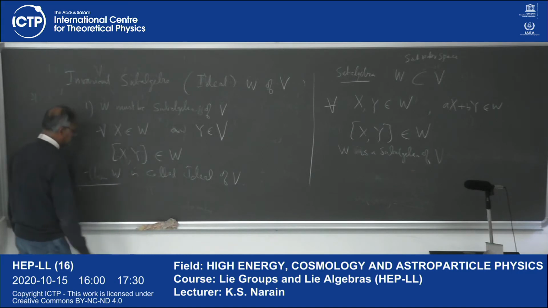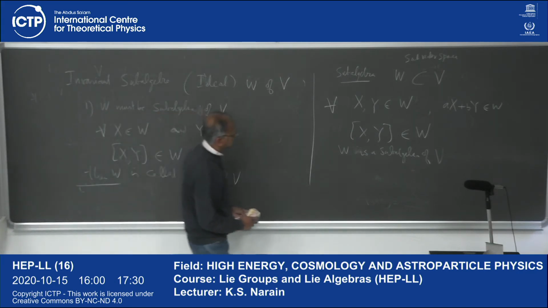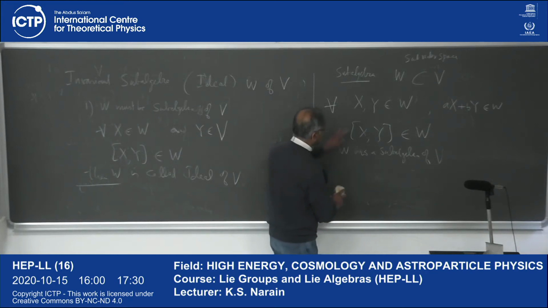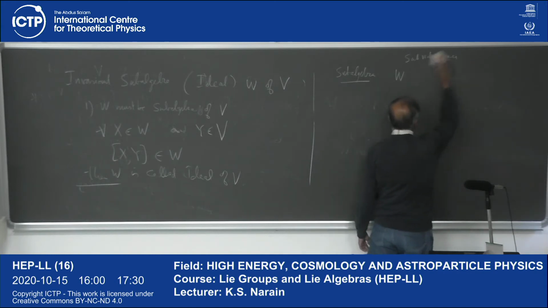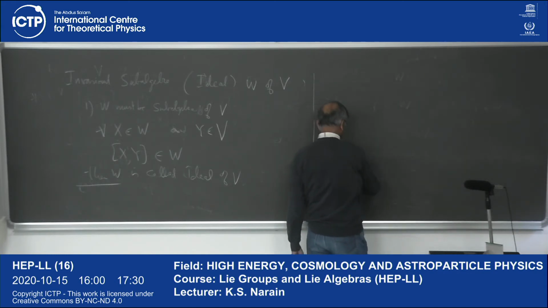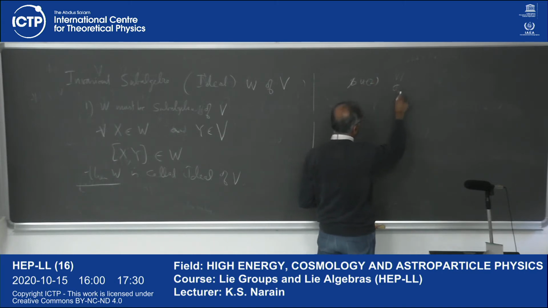Okay. So to just give some examples, let's take SU2. This is generated by sigma 1, sigma 2, and sigma 3.